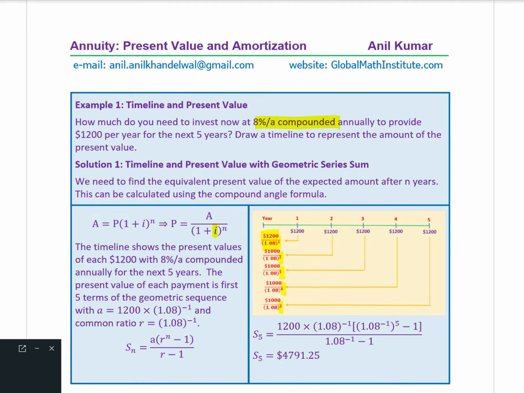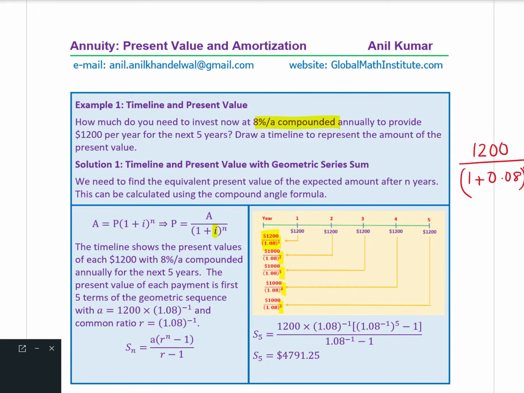So you get this geometric series in which, as you can see here, each term is 1200 over 1 plus 0.08 to the power of n. That is what each term is. So at the end of the first year, if you need 1200, then this value of n will be 1.